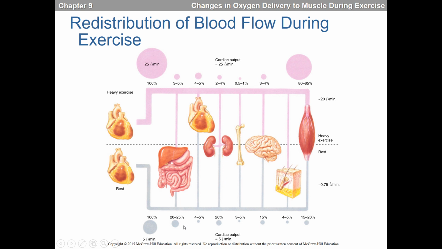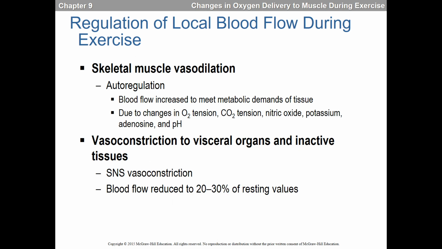We have 20-25% going to our gastrointestinal tract, all sorts of things there. Fairly low amount going to the muscle, but then at heavy exercise, the total amount goes up a lot, and almost all of it is going towards muscle. So that's because that is where the highest metabolic activity is.